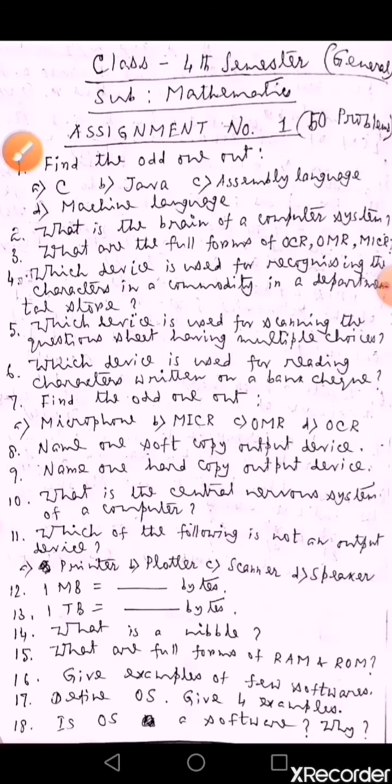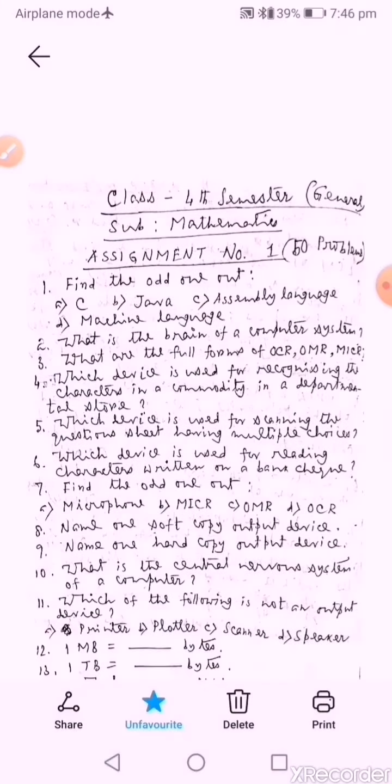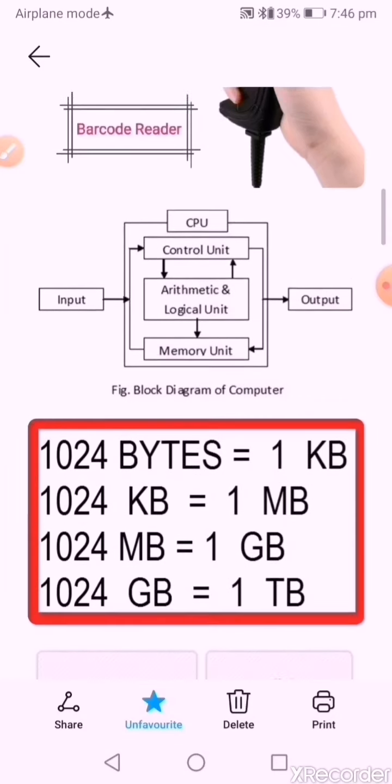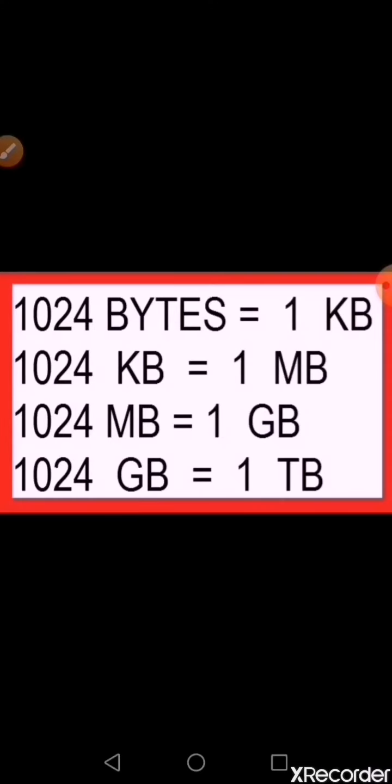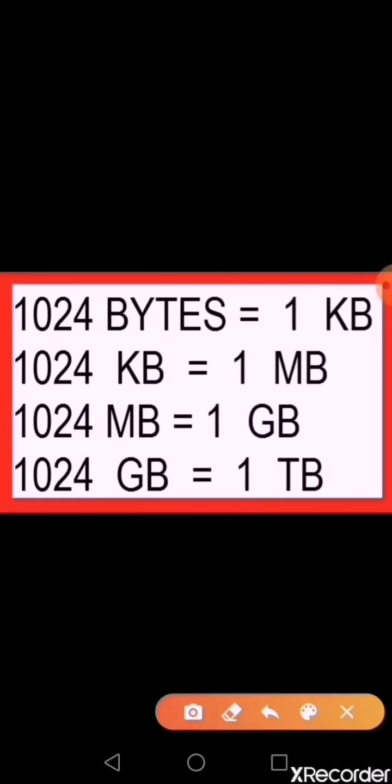Next question, question number 12. 1 MB equal to dash bytes, and question number 13, 1 TB equal to dash bytes. That means 1 megabyte is equal to how many bytes, and 1 terabyte is equal to how many bytes. You see, 1 megabyte equal to 1024 KB, that means kilobyte, and 1 kilobyte equal to 1024 bytes.